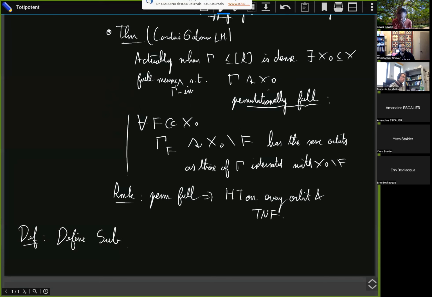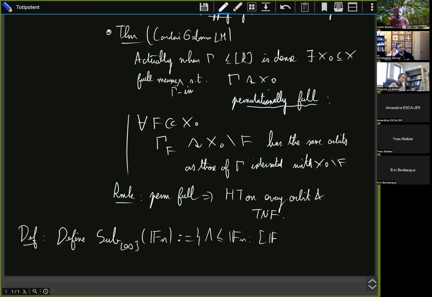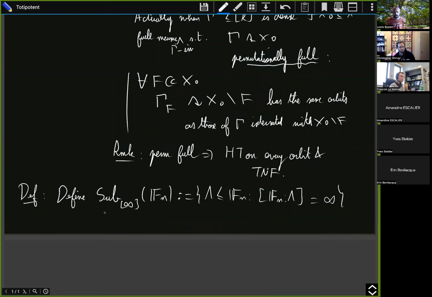I look at the space of infinite index subgroups of Fn. So this is the space of lambda in Fn such that this lambda is infinite index.